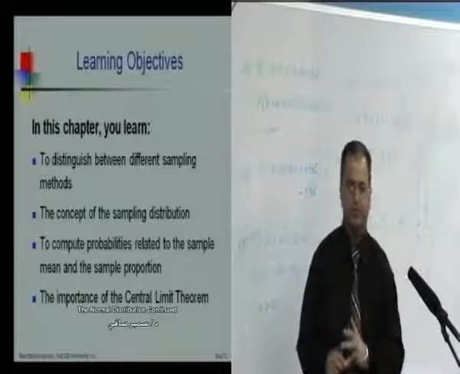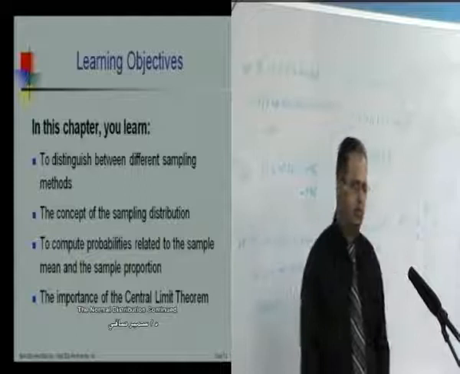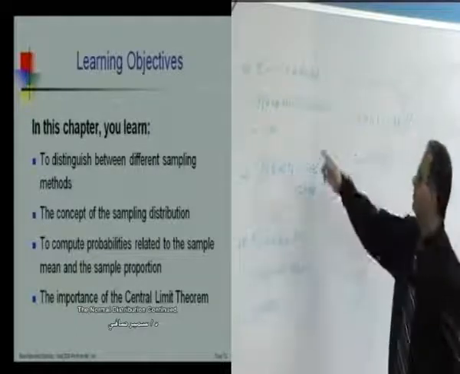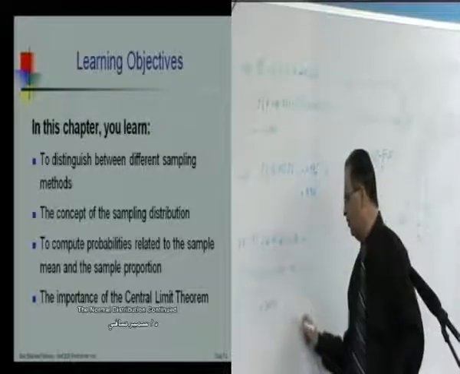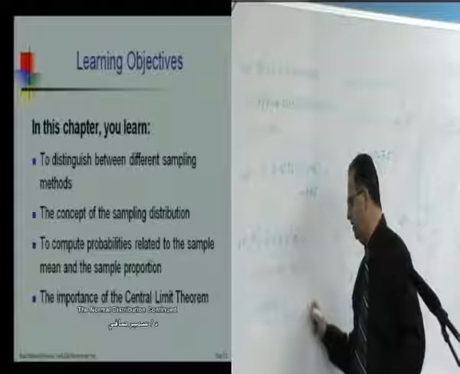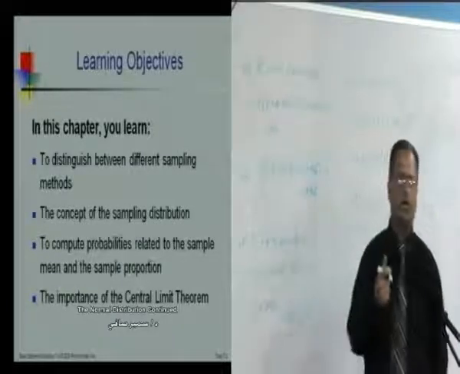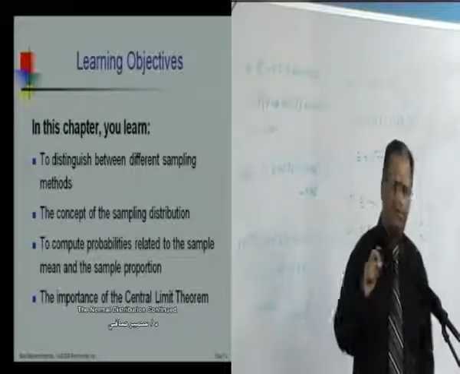The other objective for this chapter will be the concept of sampling distribution. Now, instead of using just x, as we did in chapter 3, what's the probability of x, for example, less than 15, we'll talk about not x, but the statistic itself, maybe x bar or the sample mean.